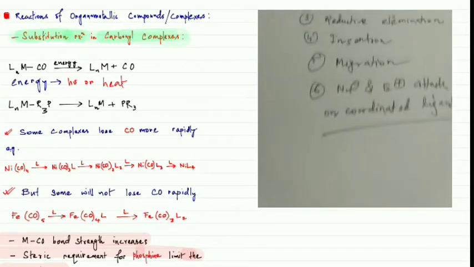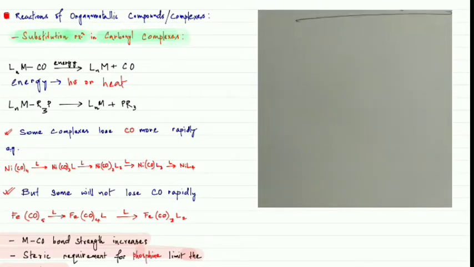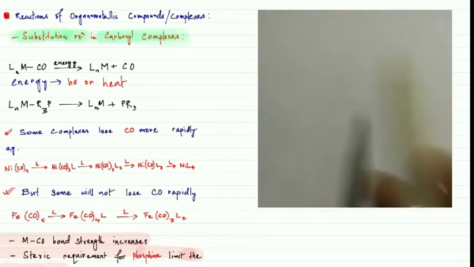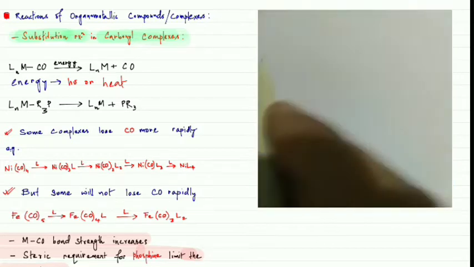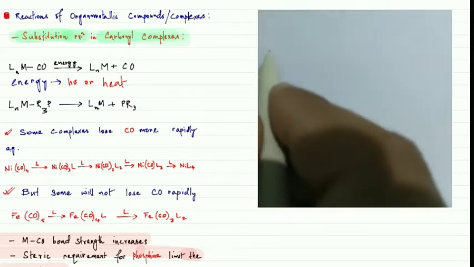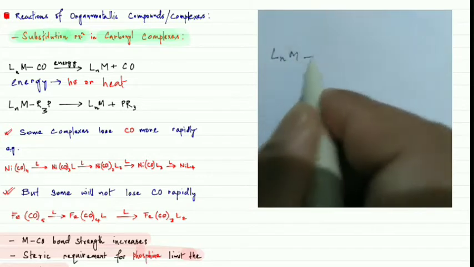Okay, so coming to the first part, which is the substitution reactions, actually in early days, scientists applied some external energy in the form of heat or some radiation like hν. So what they did actually, let's suppose this is LnM-CO.